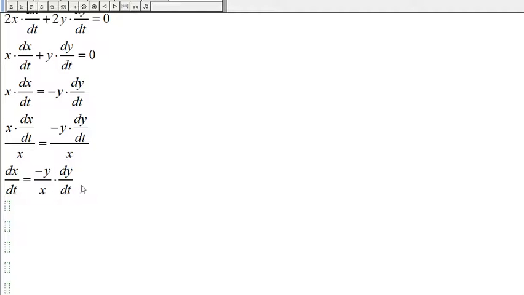And so this is the equation relating dx/dt and dy/dt.